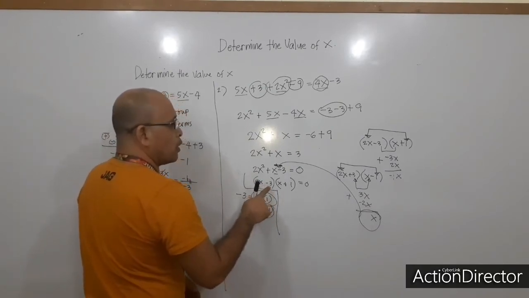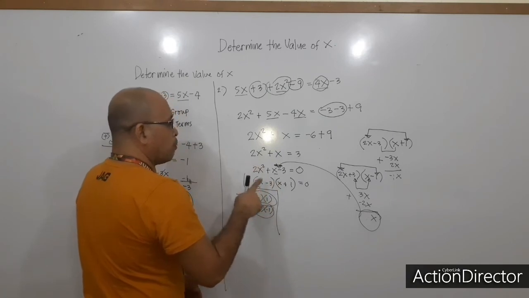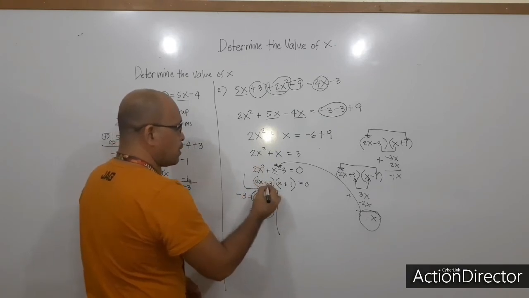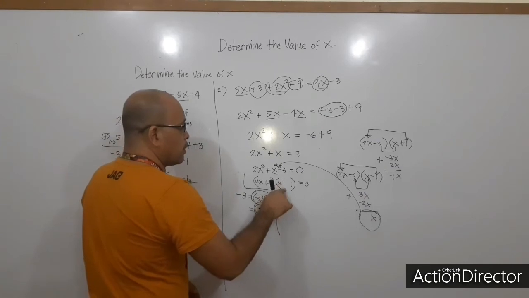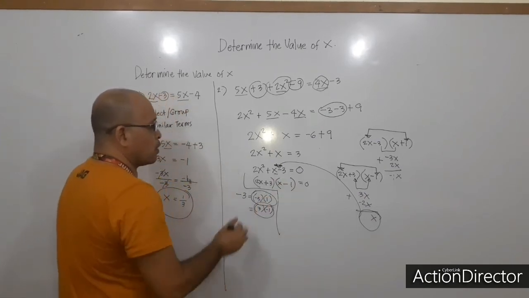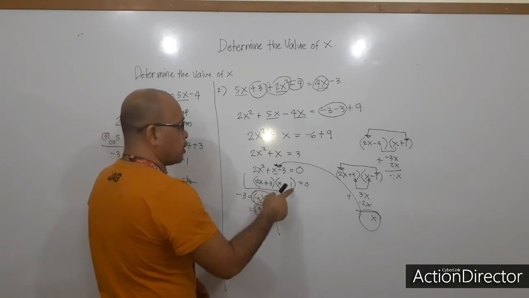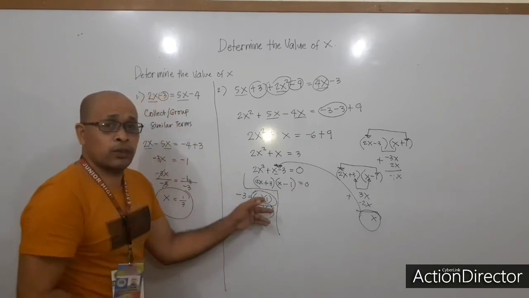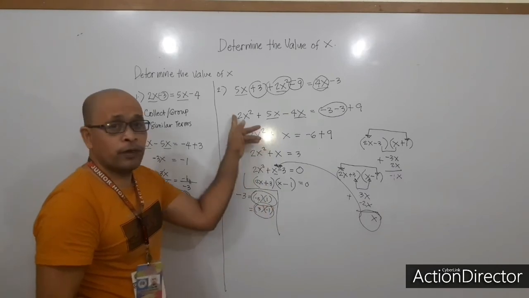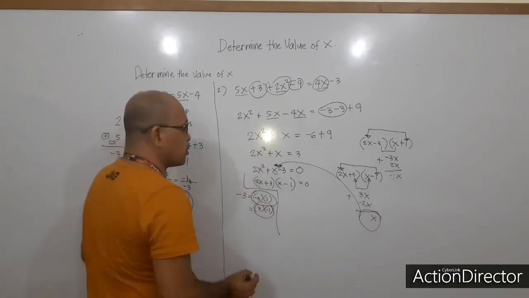So therefore, you are going to replace this one. So this will become plus, and then this will become minus. So 2x plus 3 and x minus 1 are the required factors for you to solve for the value of x. Let's continue.